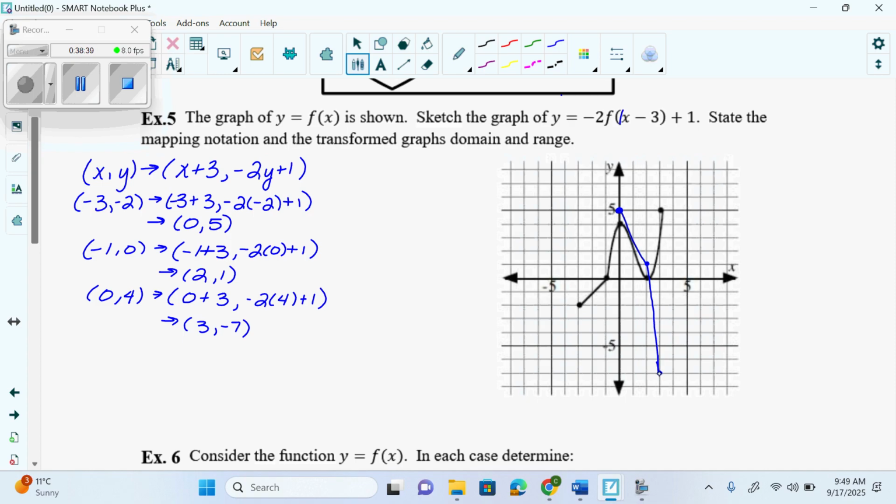The next one is (2, 0), which becomes 2 plus 3, -2 times 0 plus 1, which becomes (5, 1). And then that one's going to round.